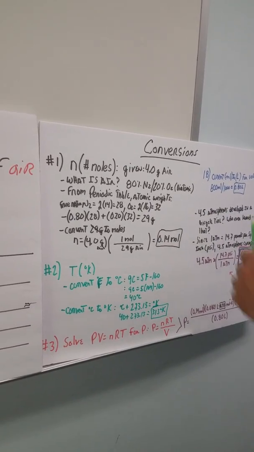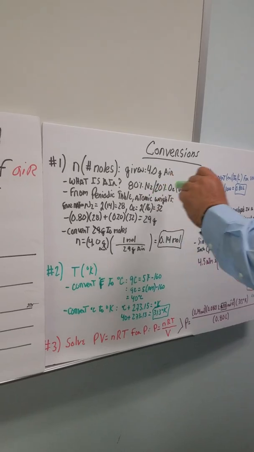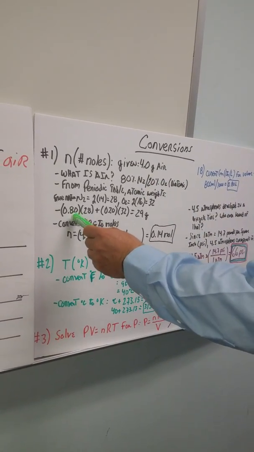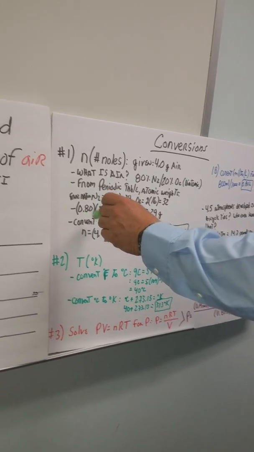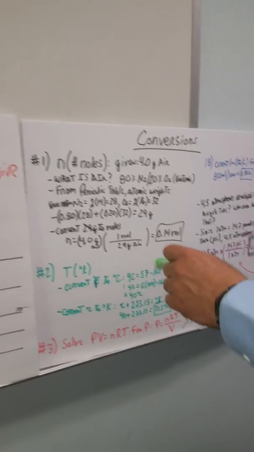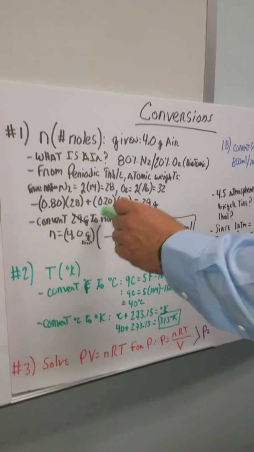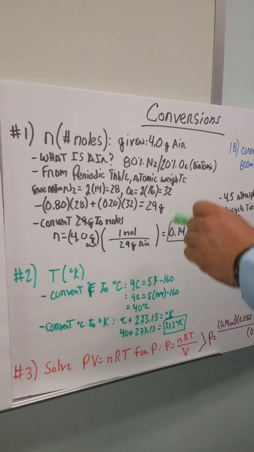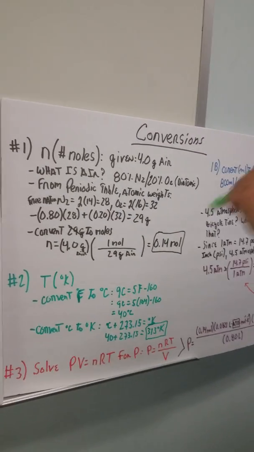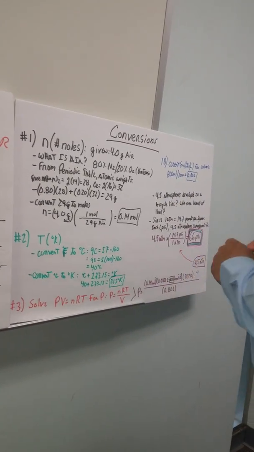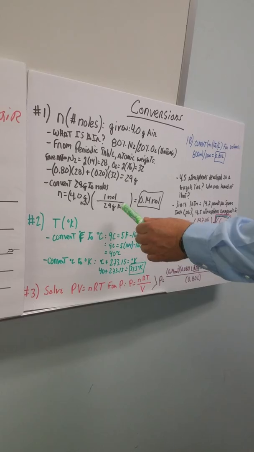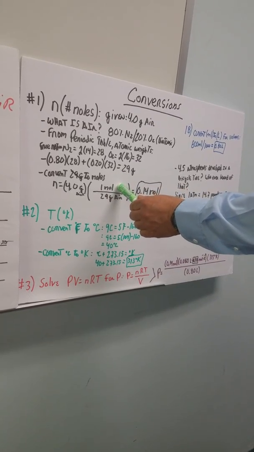As I said, air is 80% N2, 20% O2. So we take 0.8, the decimal form of 80%, times 28, plus 0.2, the decimal form of 20%, times 32. We come up with 29 grams. Now, 29 grams of air is equivalent to 1 mole.